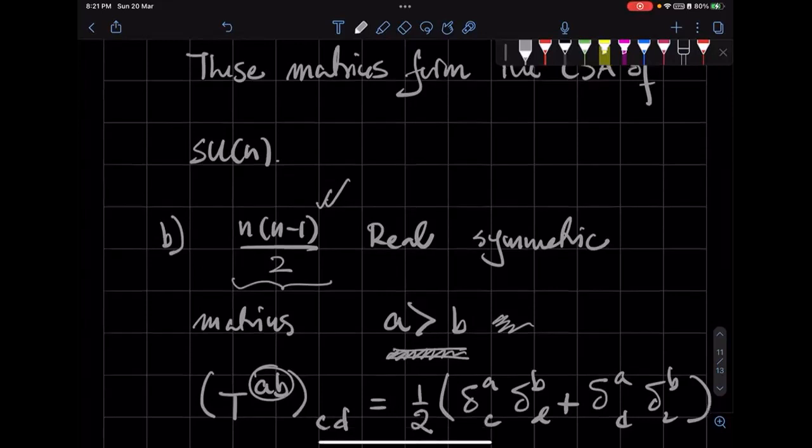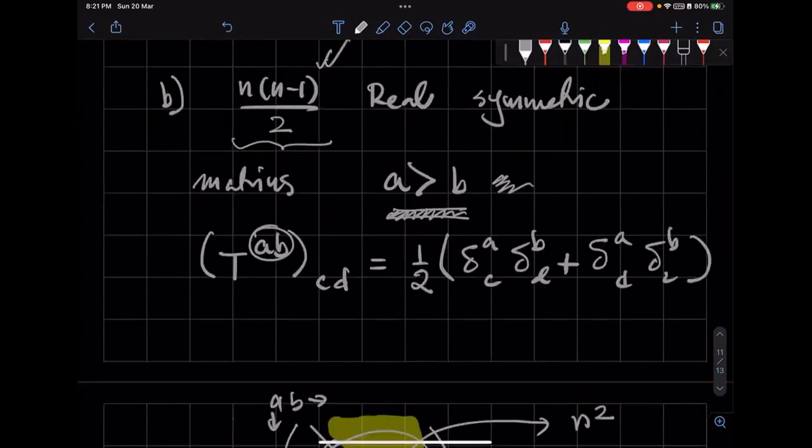Okay, and we know that because it's real, if it's going to be real and Hermitian, it better be symmetric, right? Otherwise, it won't be Hermitian. So it has to be symmetric. So up to normalization, this is what we have.